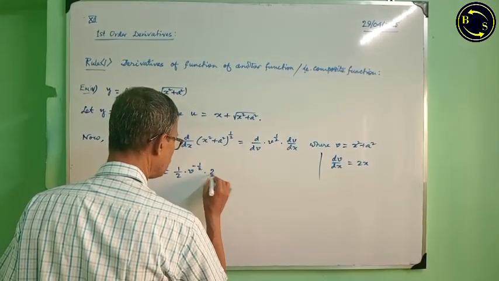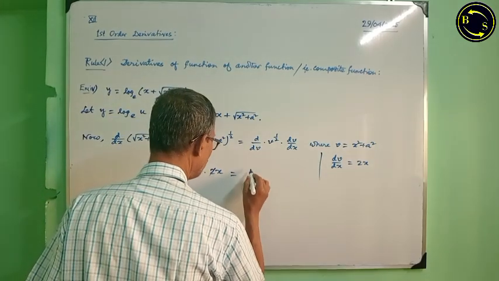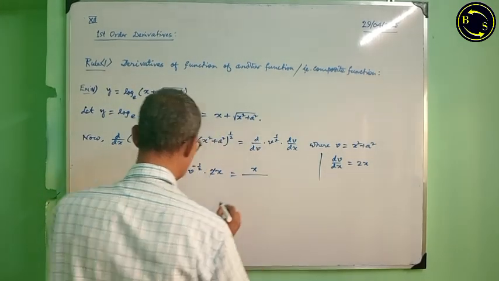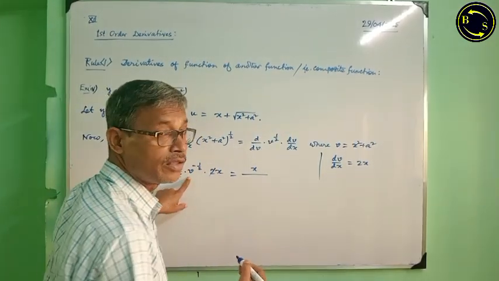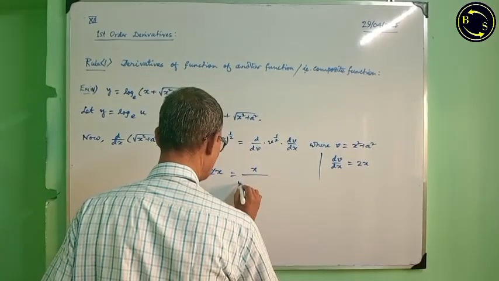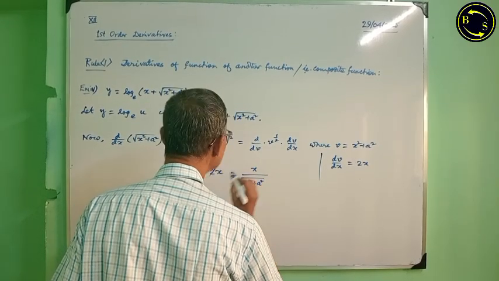Put that value. V to the power minus half means root over v at the denominator, root over x square plus a square.